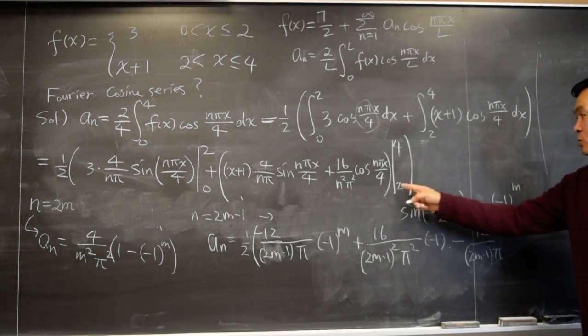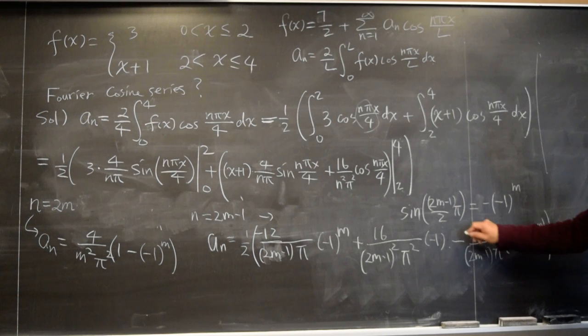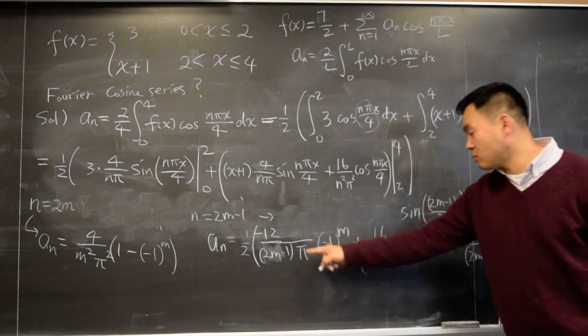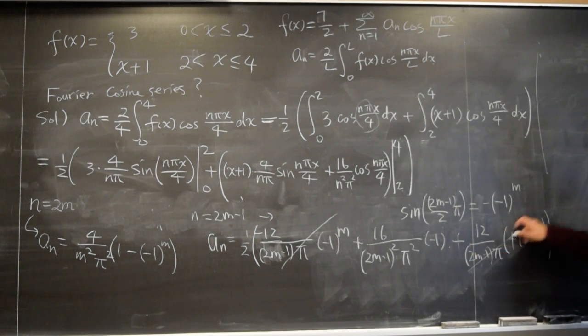This is what you're going to get when you plug in 2. So this is negative of negative 1 to the nth power. Okay, and it looks like these two are canceling each other, isn't it? See, negative of negative is plus, and this is a plus, but that's a minus, and they're exactly the same. So these two cancel each other. Okay, very conveniently.